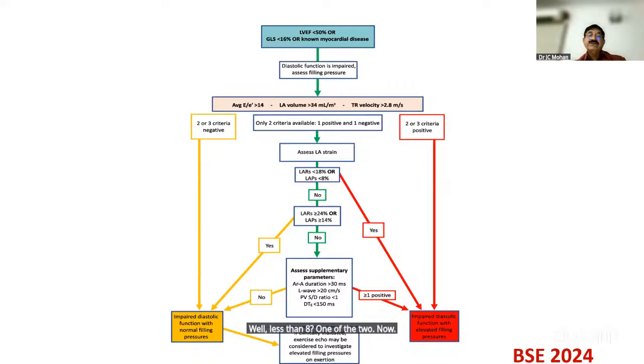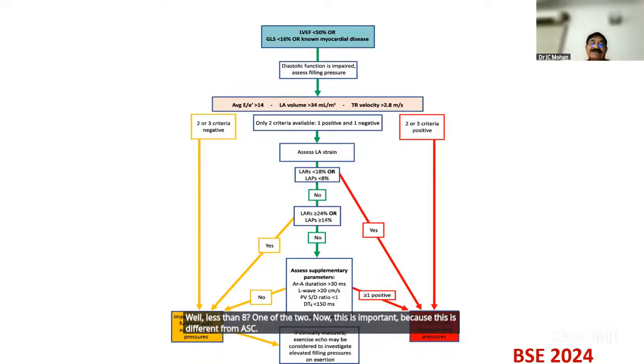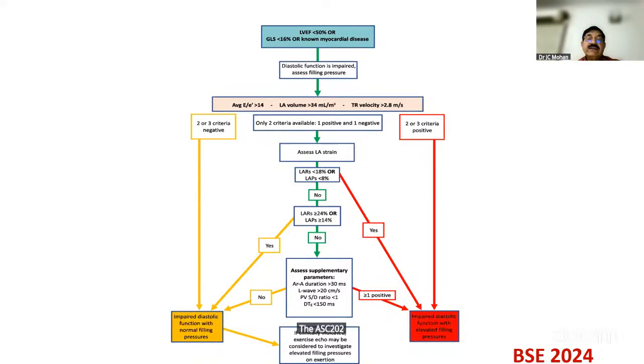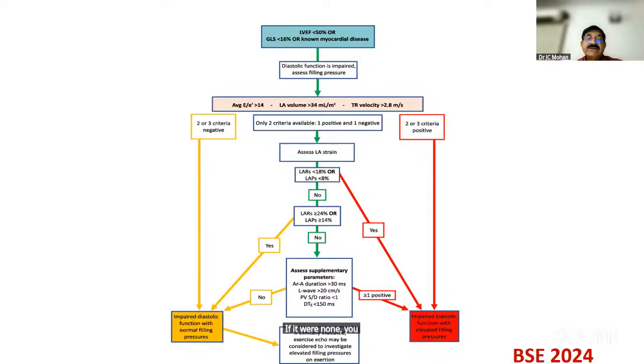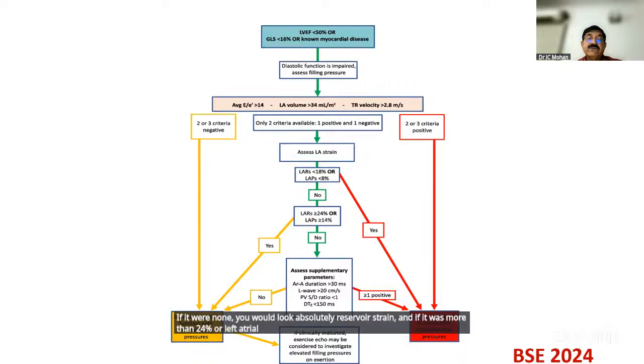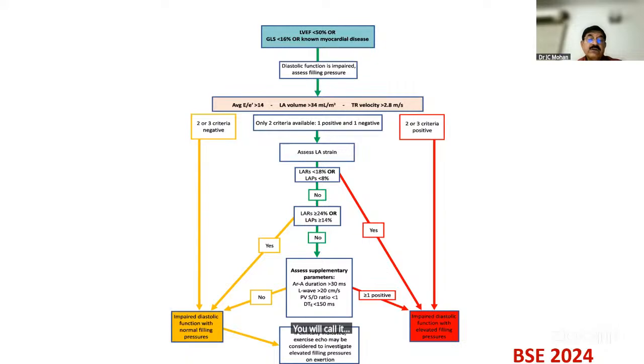Now, this is important because this is different from ASE. The ASE 2025 does not take left atrial contractile strain into account. But if any of them was positive, then it was impaired diastolic function with elevated filling pressure. If it were none, you would look at left atrial reservoir strain, and if it was more than 24% or left atrial contractile strain more than 14%, you would call it normal filling pressure with impaired diastolic function.